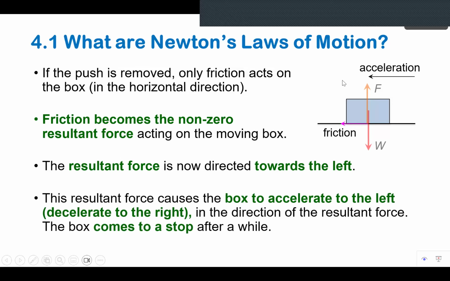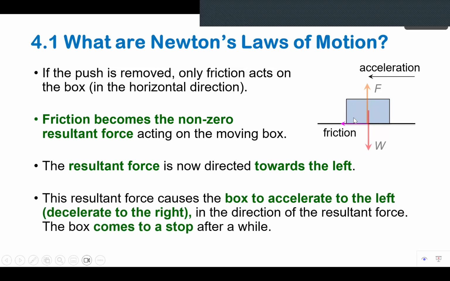But it doesn't mean that the box is moving to the left, because the box is still moving to the right based on the initial push. That is my original motion. I cannot suddenly change direction. So my original motion is to the right. This box will continue to move to the right, but my acceleration is to the left now because the resultant force is to the left.